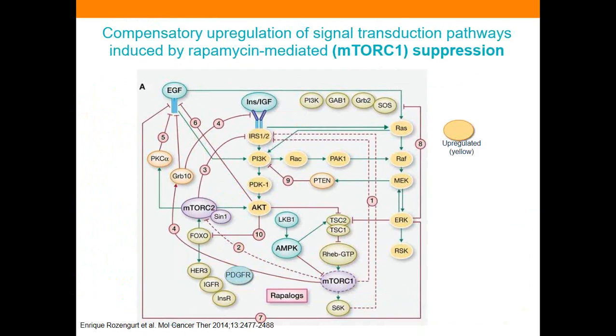So as a result of trying to knock out the PAM pathway, we see how these other pathways, the ones in yellow that have been upregulated, are now slowly going to develop the capability of bypassing the inhibition that we were hoping to get by knocking out mTOR1. So what do we try to do to compensate for this? Let's go to the next slide.